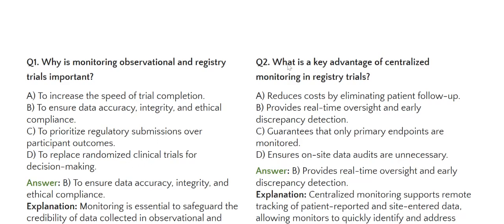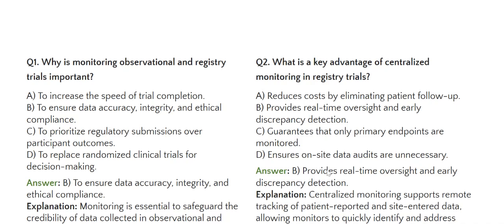Question 2. What is a key advantage of centralized monitoring in registry trials? A, it reduces costs by eliminating patient follow-up. B, provides real-time oversight and early discrepancy detection. C, guarantees that only primary endpoints are monitored. Or D, ensures on-site data audits are unnecessary. So we have centralized monitoring, and one of the keywords is real-time oversight.